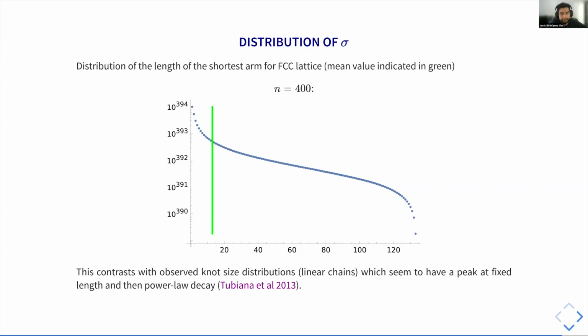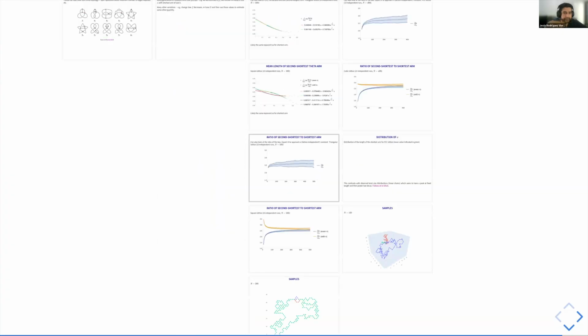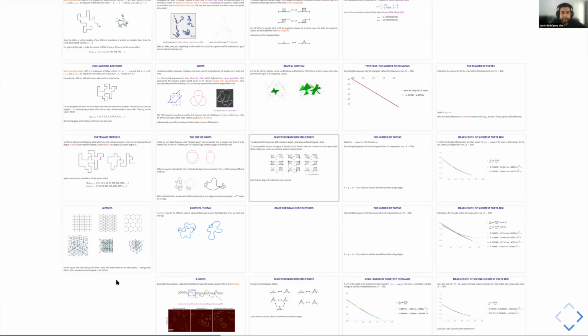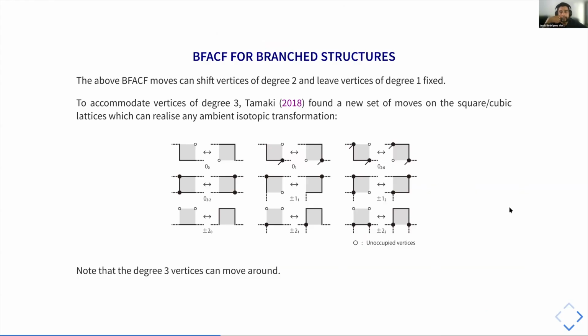Well, I've got a very basic question. It's about the BFACF algorithm. On that part when you explained the algorithm, you mentioned that there is this set of moves that you can use to create any possible theta graph, in the sense of topology types, right?